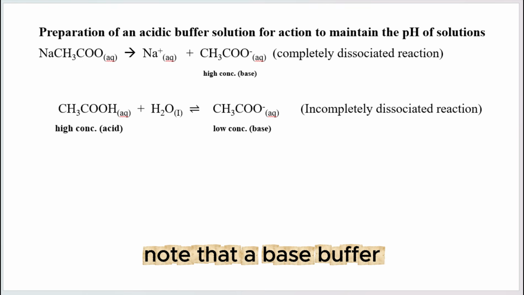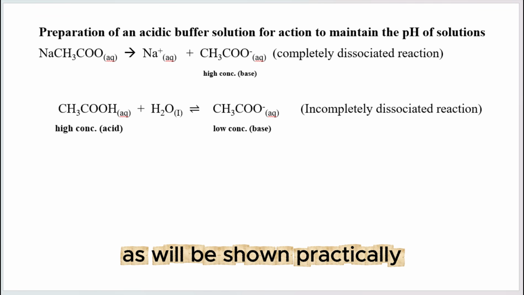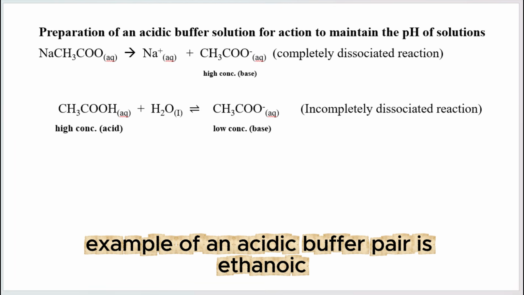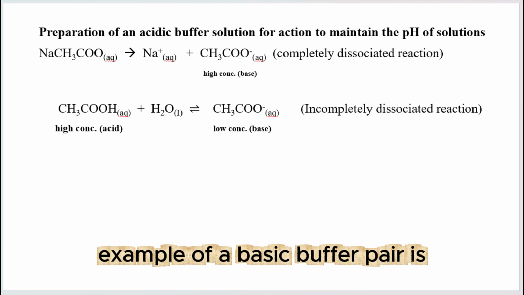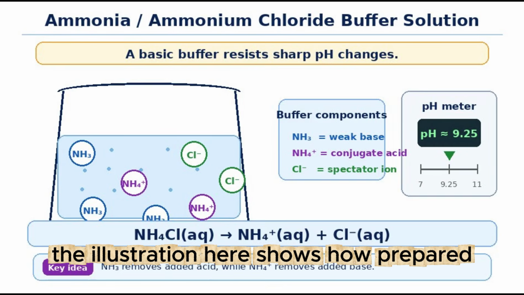Note that a base buffer solution will show the same preparation as will be shown practically for an ammonia/ammonium chloride buffer solution. Example of an acidic buffer pair is ethanoic acid/sodium ethanoate. Example of a basic buffer pair is ammonia/ammonium chloride.